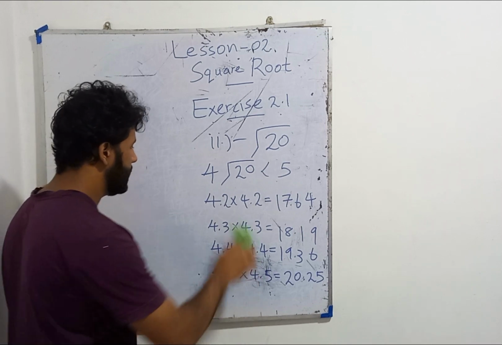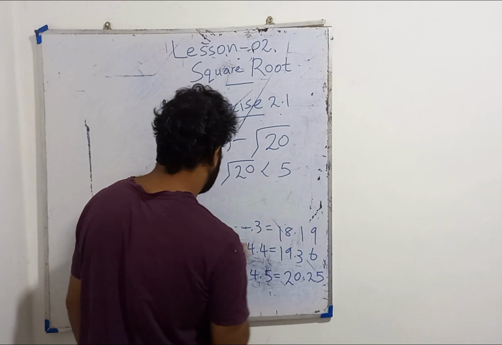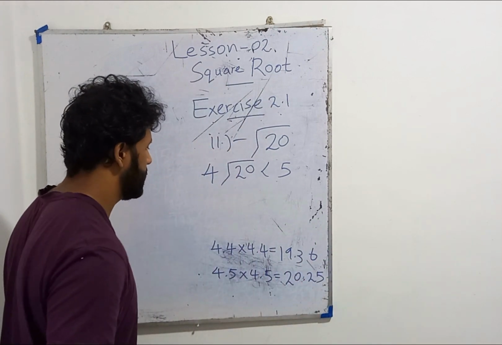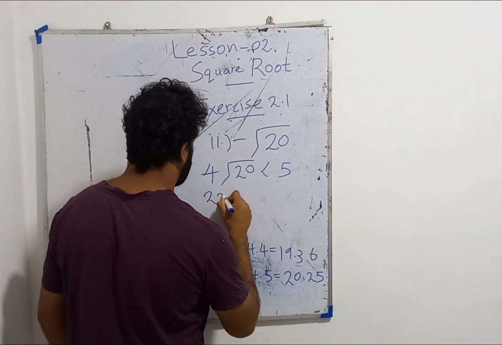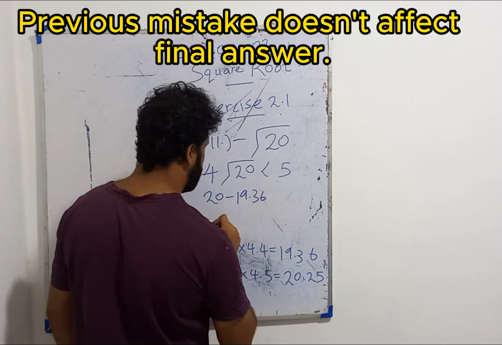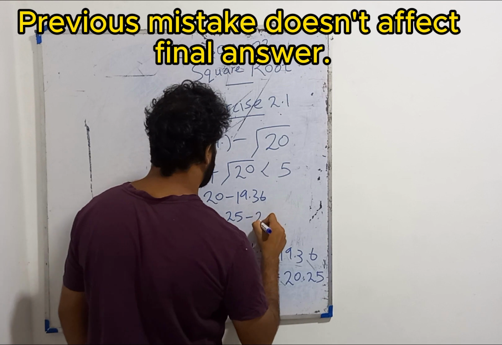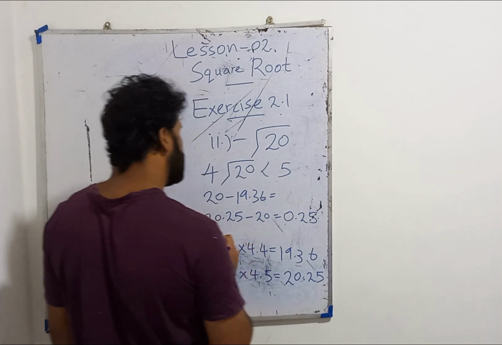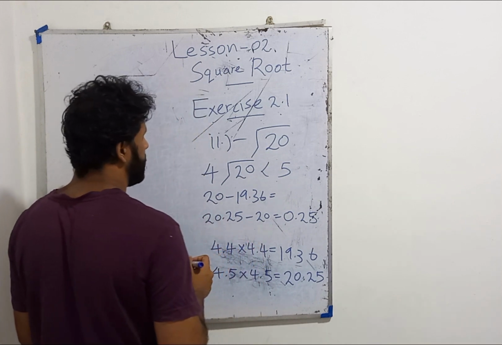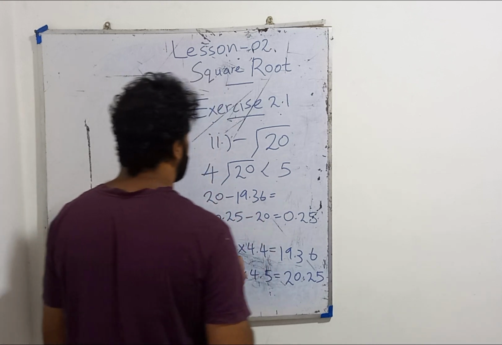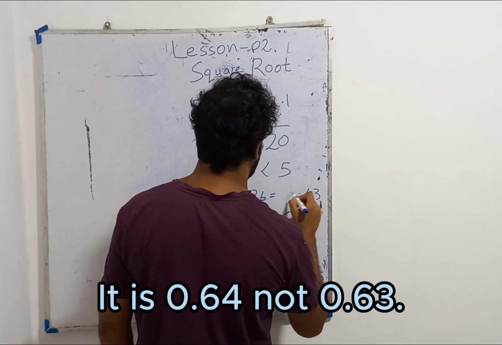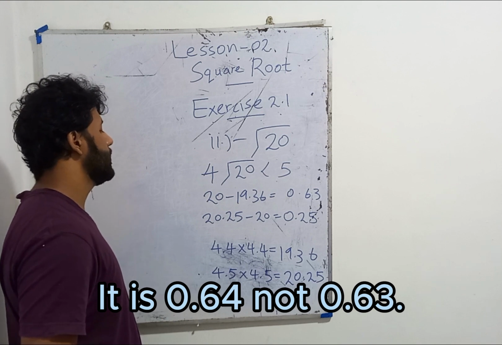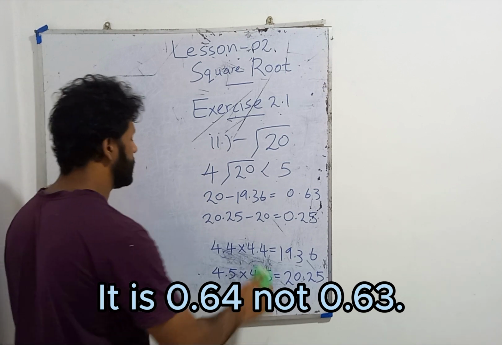For the sake of practice, let's take a difference, like a procedure. 20 minus 19.36 is 0.64, and 20.25 minus 20 is 0.25. So 20.25 is more closer, that's going to be 4.5.